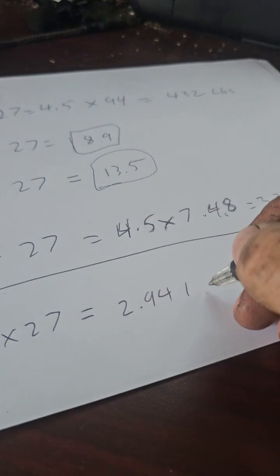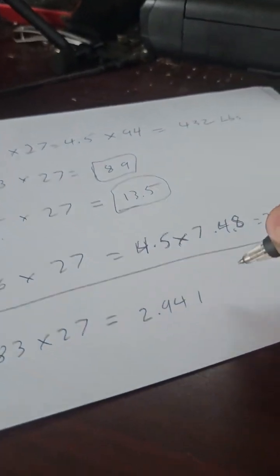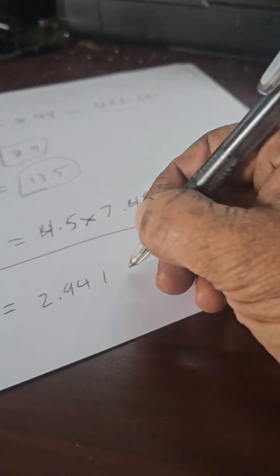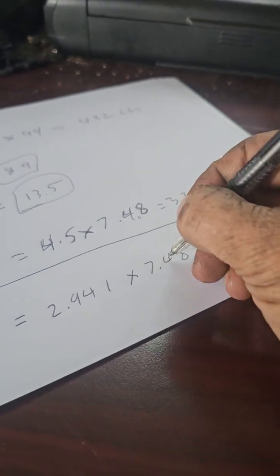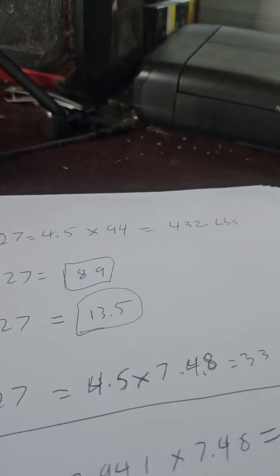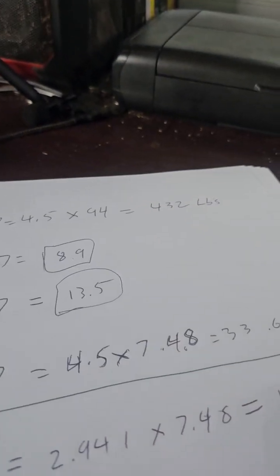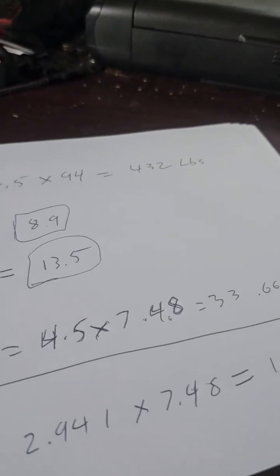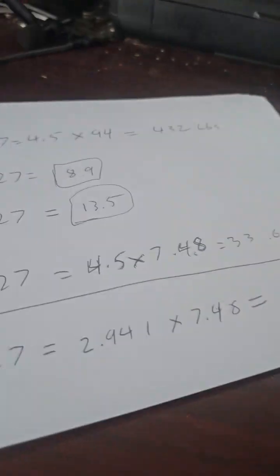Now we know there are 7.48 gallons per cubic foot, so we multiply by 7.48, which equals 16.8 rounded to the closest tenth. We want a little extra, so we round that up to 18.